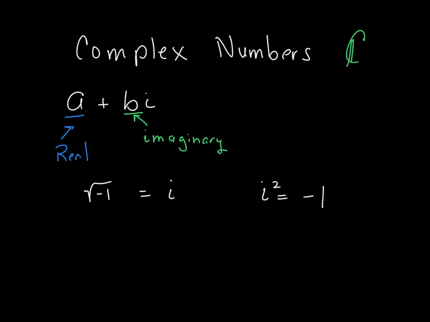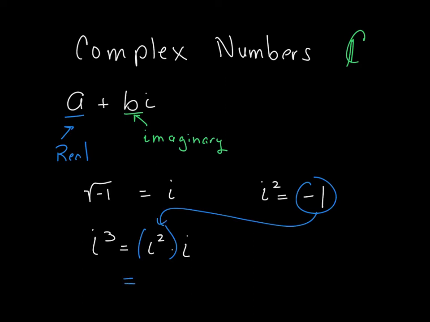To keep going with this, if I have i to the third power, that's the same thing as saying i squared times i. And as I just said, anytime you have i squared, you replace that with -1. So that is equal to -1 times i. So i to the third is just equal to -i.